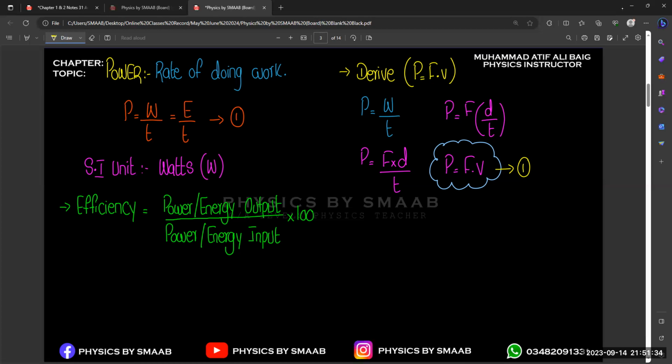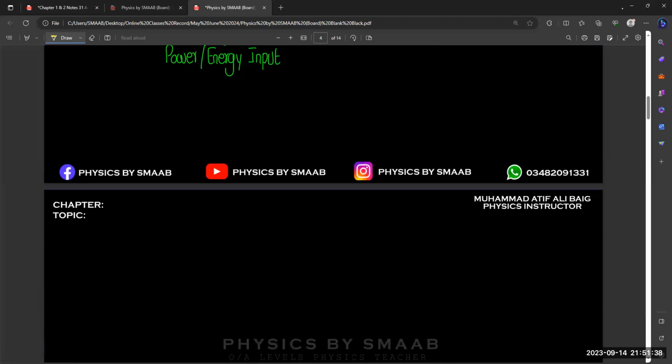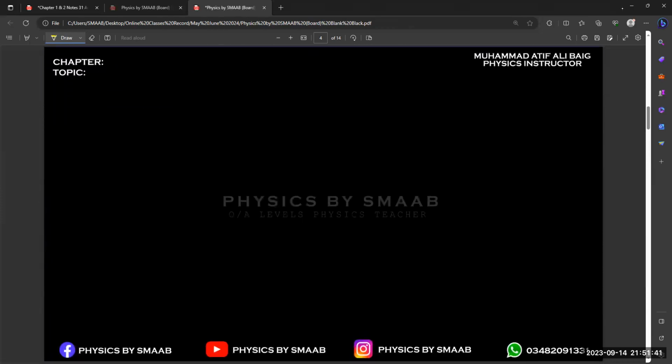And secondly, if we talk about the derivation of the kinetic energy formula, just like we derived for power, basically kinetic energy is equal to half mv squared, and we know that this energy is due to the motion of a body. We already know that.